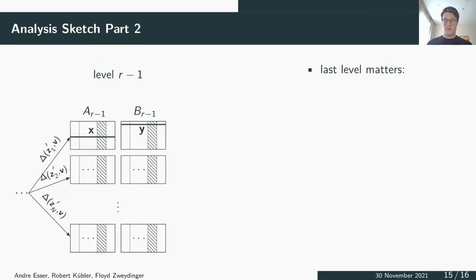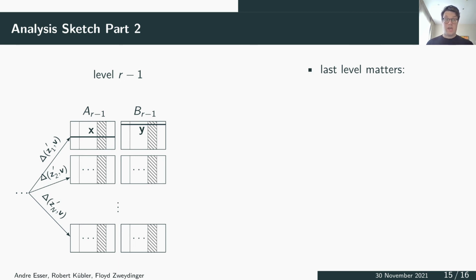If we go further down the tree and look at the second last level, r-1, we have of course n to the power of r-1 leaves, and every filtered list in one of these leaves has the size n times p to the power of r-1.